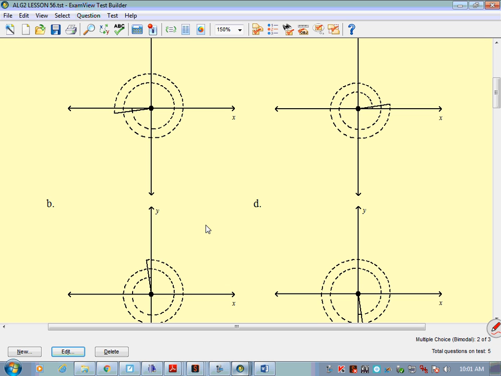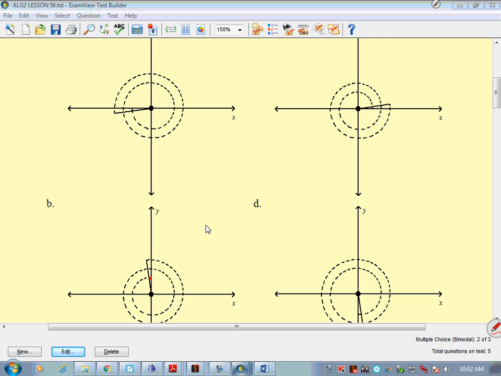Okay, so we could probably look at some of these and see where they start from and why they don't work. Okay, do we notice on A, does it start from the positive x-axis? No, it doesn't. So we can get rid of A. All right, does B start from the positive x-axis? No, where does it start from? Starts from the positive y-axis. Okay, so we have to start from our initial side. Okay? Does C start from the positive x-axis? Yes, it does.